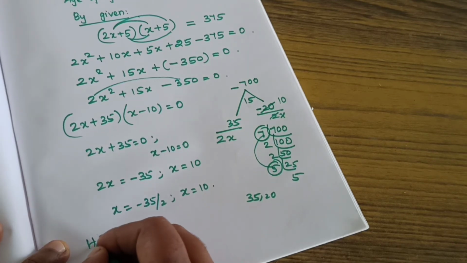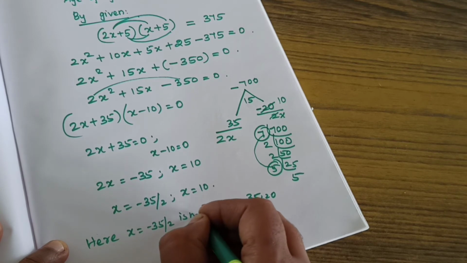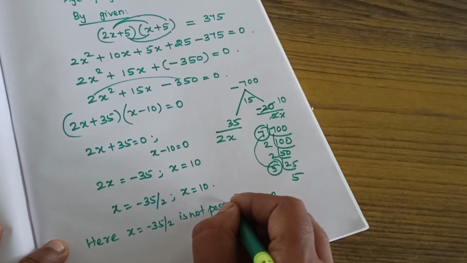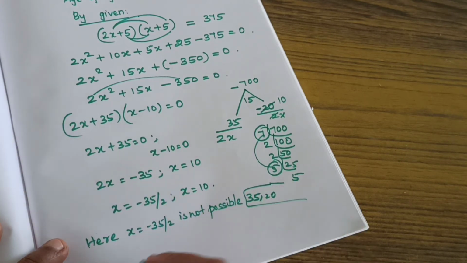So here x equal to minus 35 by 2 is not possible. What is the reason? Age cannot be negative, no? So that is the reason.